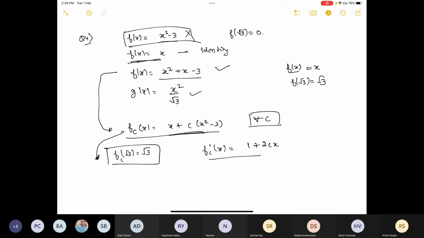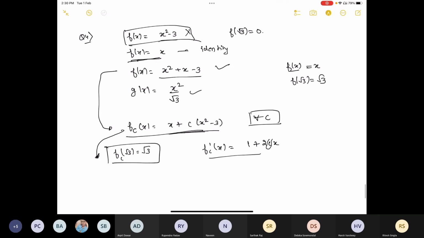The derivative will be f_c prime equal to 1 plus 2cx. Now we have to find values of c so that mod f_c prime of x is less than 1 for all x in some neighborhood of this. Fine.